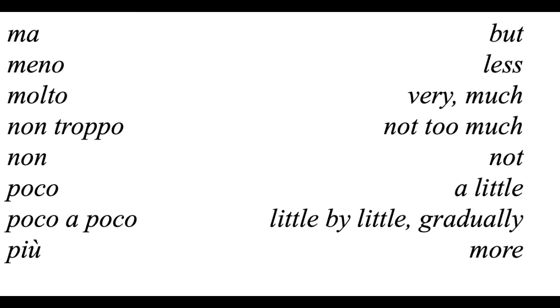Poco a poco, little by little, gradually. Be careful with the word poco. If you see poco crescendo, it means a small getting louder. But if you see crescendo poco a poco, it means getting louder gradually, or little by little.